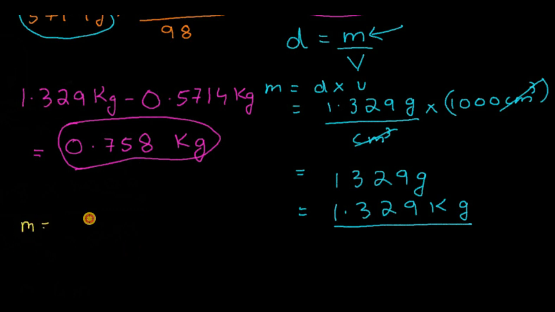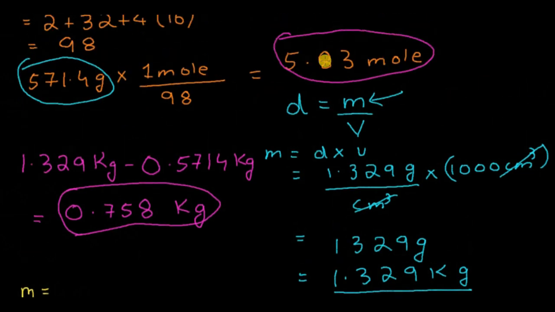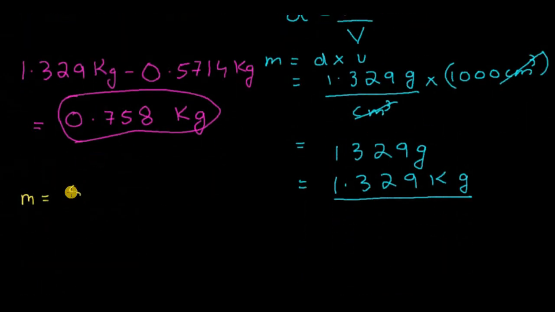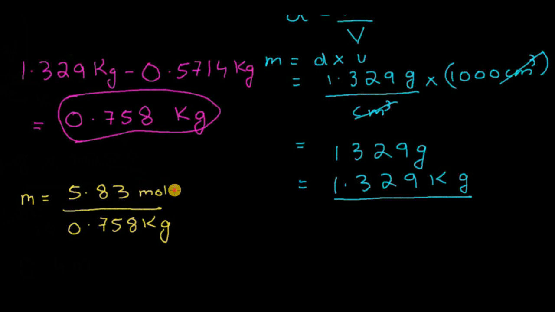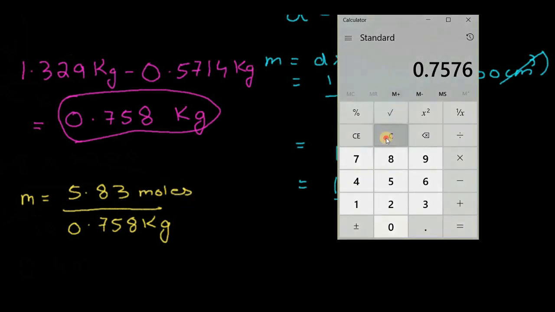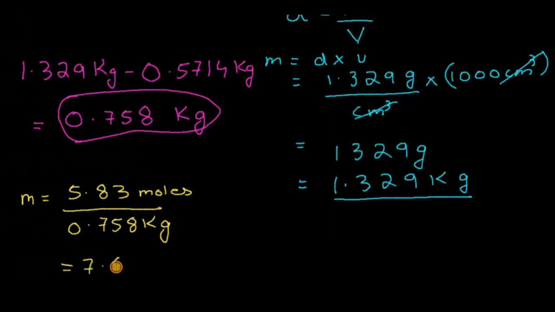So molality of the solution will be equal to 5.83 moles, this is the moles of solute, divided by 0.758 kilogram, this is the mass of solvent. So when we divide these two, we get 5.83 divided by 0.758, which is equal to 7.69. 7.69 is the molality of the given solution.